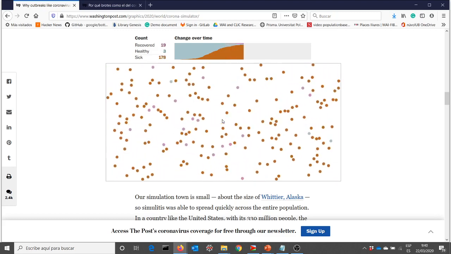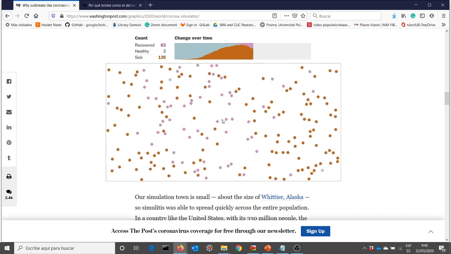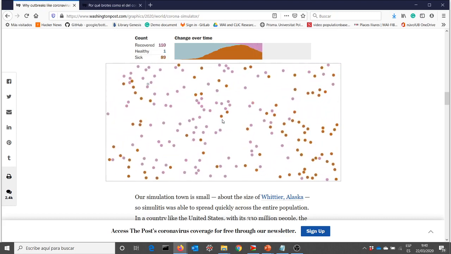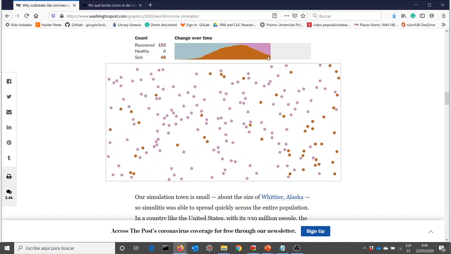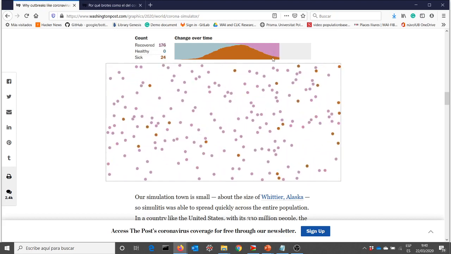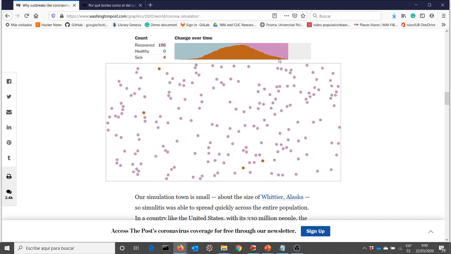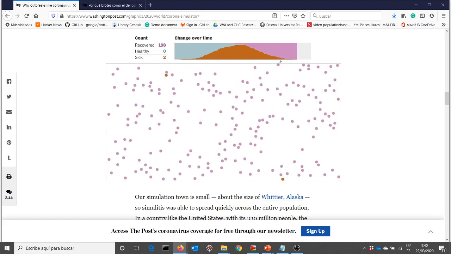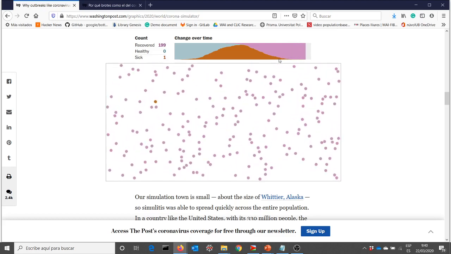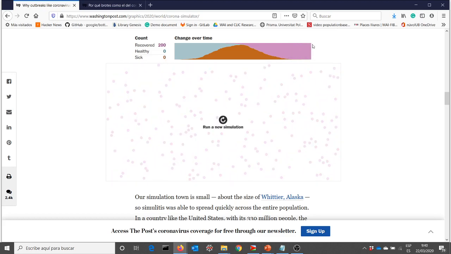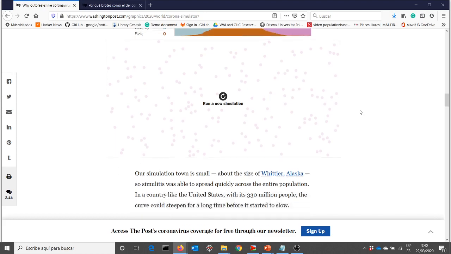So we have a curve of the sick people and people that start recovering after a while. So at the end, most of the population has recovered. In fact, all of the population has recovered. Although here they don't represent casualties.